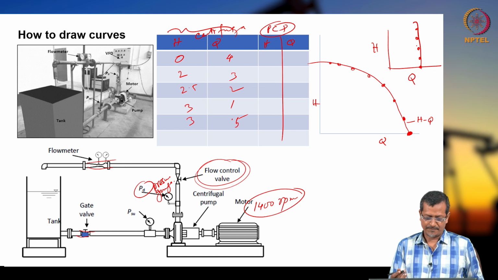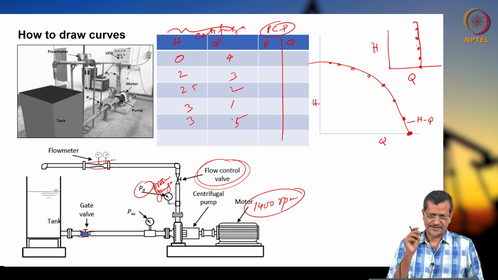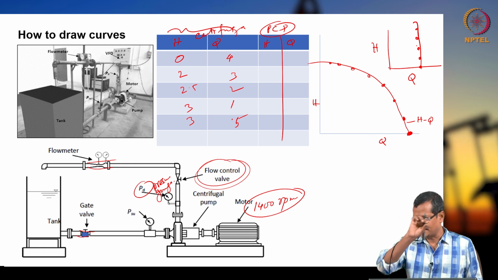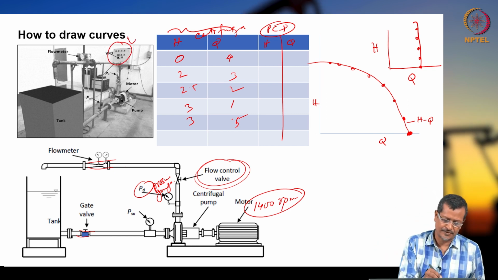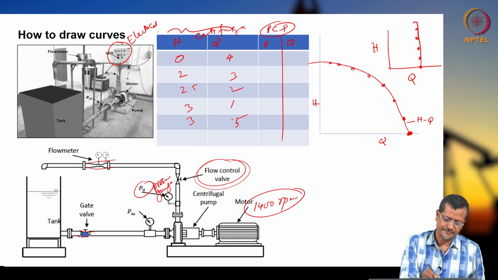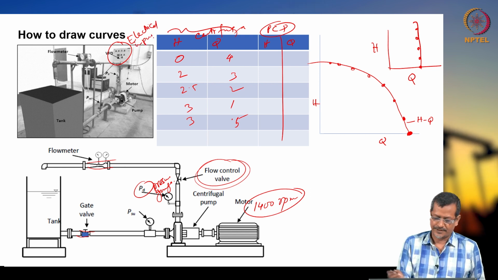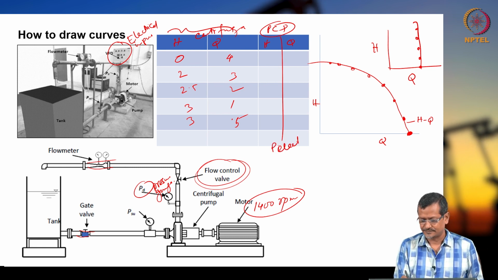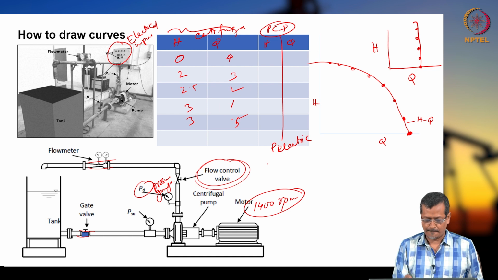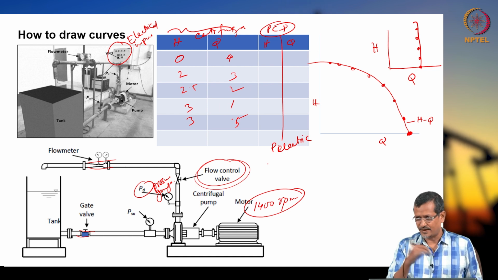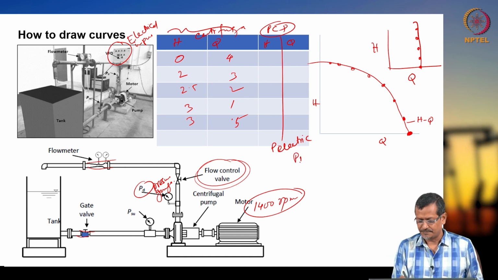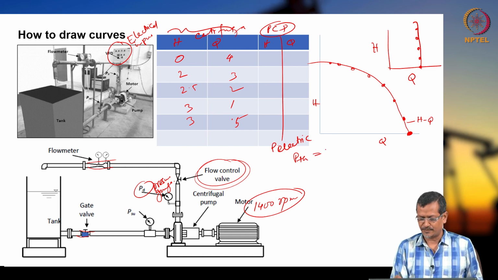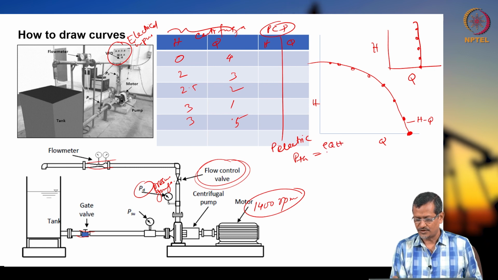Now in a centrifugal pump with a VFD, I can measure how much power I am giving. VFD, variable frequency drive, is the electrical input. So if I know the electrical power I am giving, and how much hydraulic head and pressure we are developing, the theoretical power required for the pump to deliver a certain amount is rho Q H by eta.